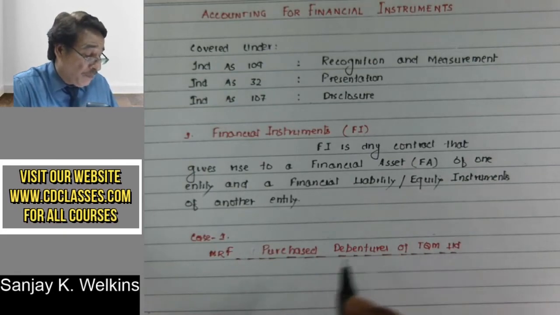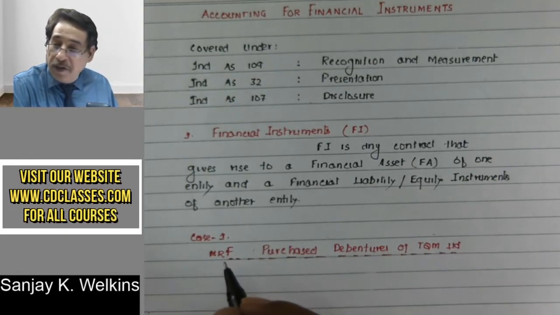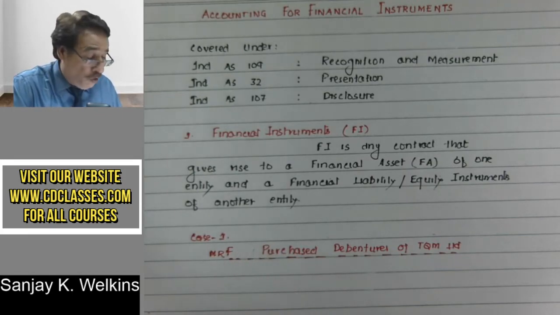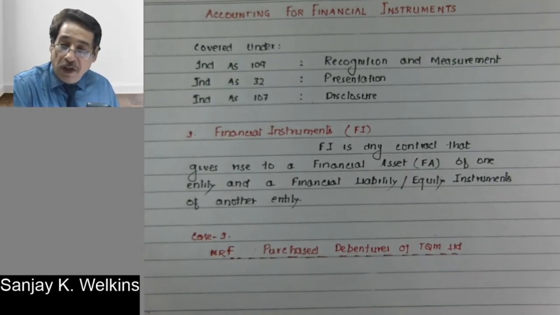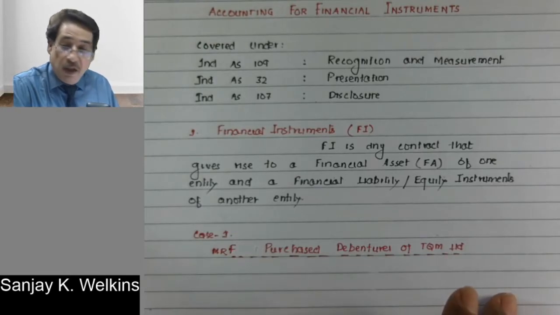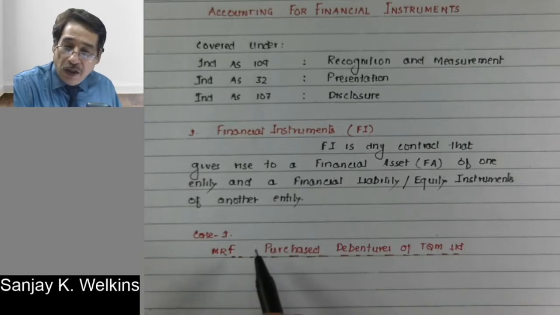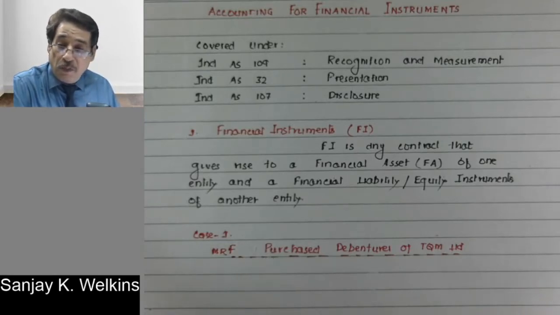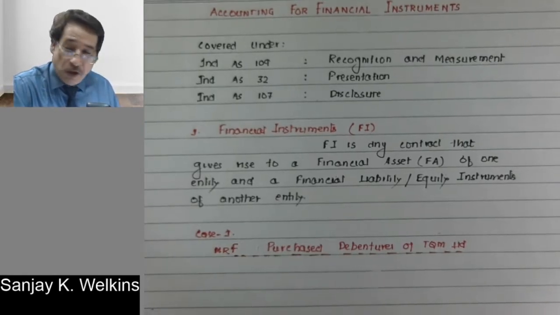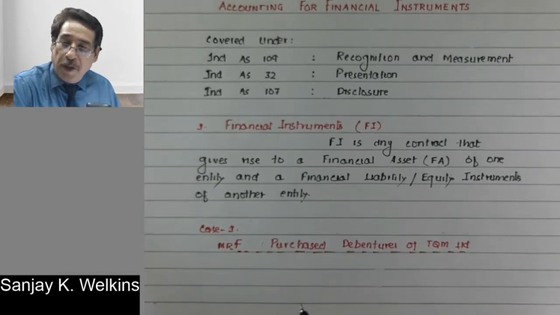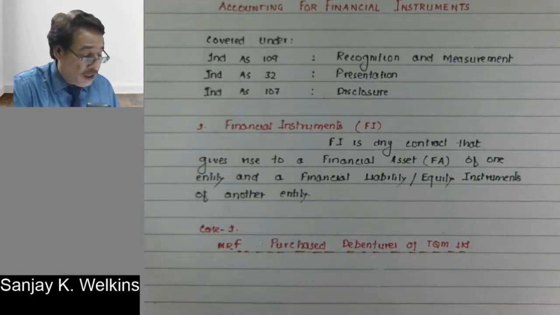This is a sort of contract. Why is it a contract? When I buy a debenture of a particular entity, there is an implied contract that I will pay the amount of the debenture to the entity. The entity is also supposed to pay me interest, and after a specific period of time, repay the principal amount to me. That is the contract.